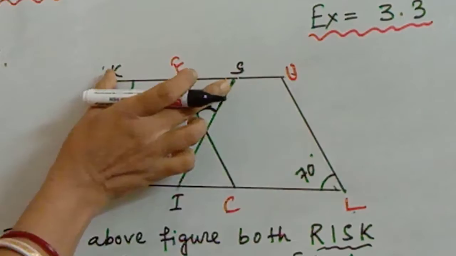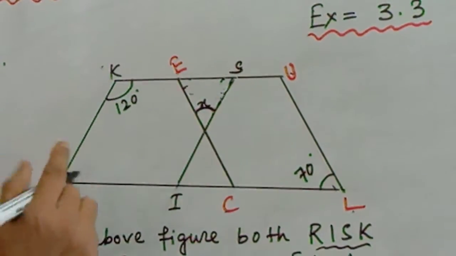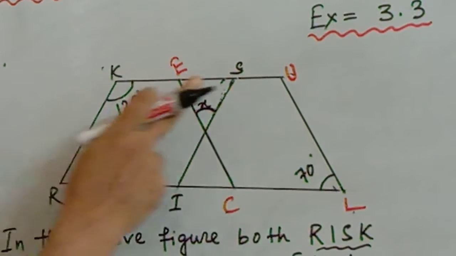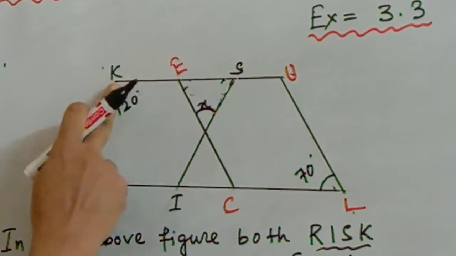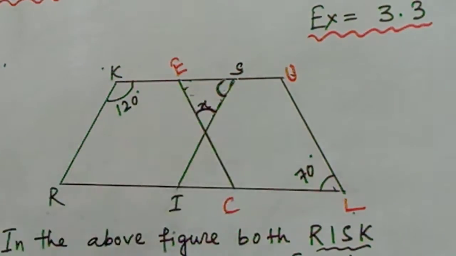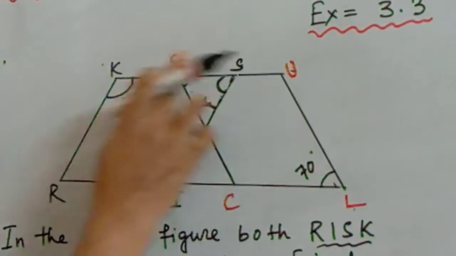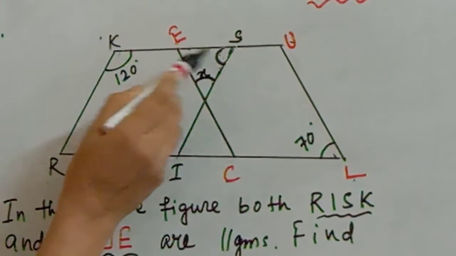You have to concentrate on the parallelogram RISK, as K and S are the adjacent angles of the parallelogram. In the parallelogram RISK, these two are the adjacent angles.